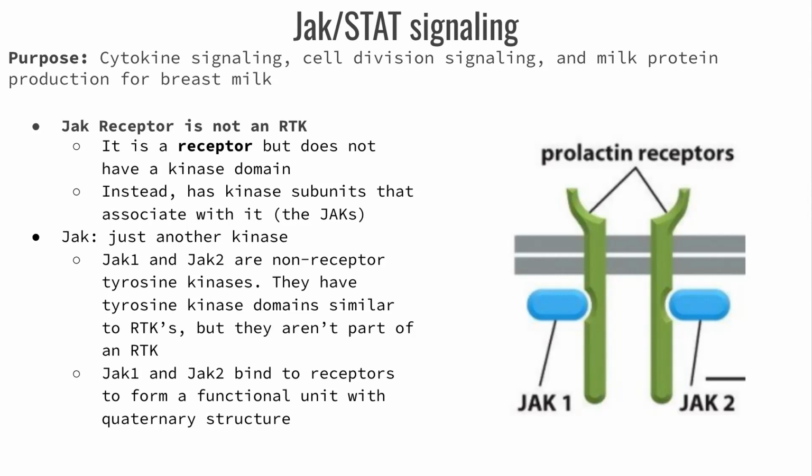So this is another domain versus subunit example that is important to note. JAK stands for just another kinase, and they are non-receptor tyrosine kinases, similar to RTKs, but not part of the RTK.